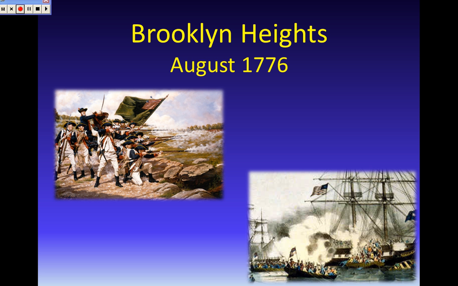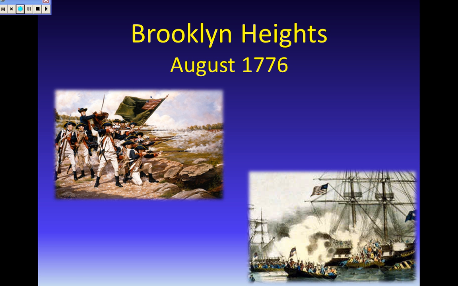Again, at the Battle of what's famously called, although slightly erroneously, Bunker Hill, that had not been Washington. That had been the Minutemen. This is the actual Continental Army fighting at Brooklyn Heights in New York against the British Army, and it's a disaster for the Patriots, or the Americans.